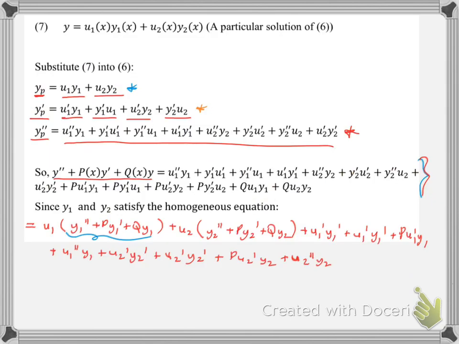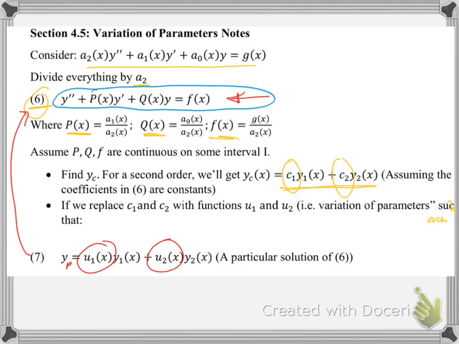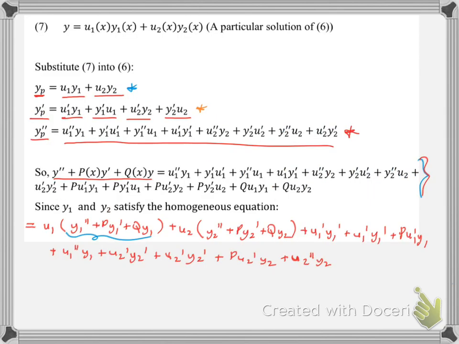If you go back and look at that, remember y sub 1 and y sub 2 are solutions to the homogeneous equation, right? They're solutions to the homogeneous equation. Well, what that means is this will go to 0, and also this term will go to 0, because that's representing, if I plugged in y sub 1, right?